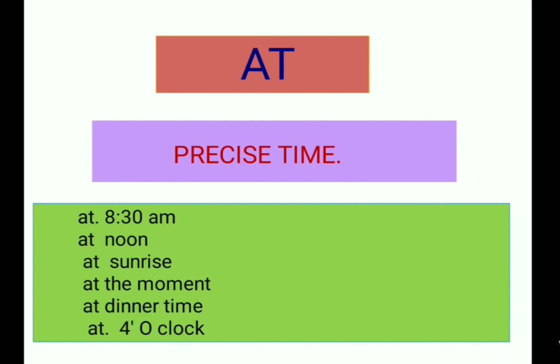For example, I have a meeting at 8:30 a.m. Second example, the shop closes at noon. Richa went home at lunch time. So for these precise times we use at. Never get confused. Got it?